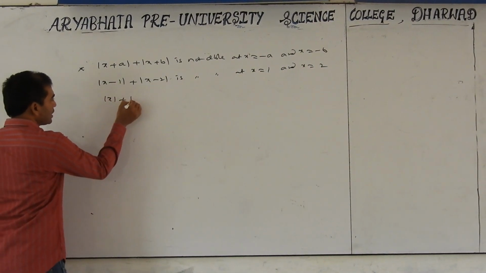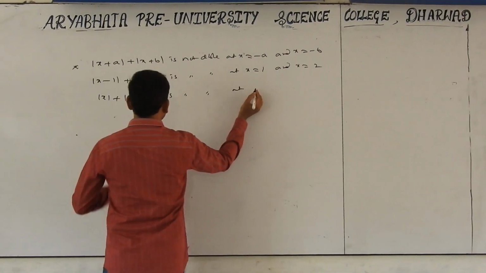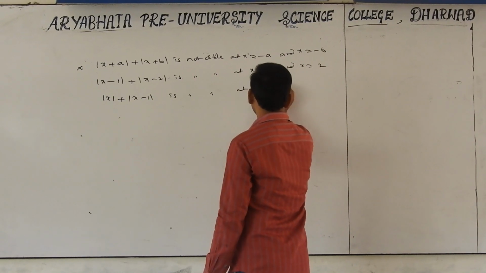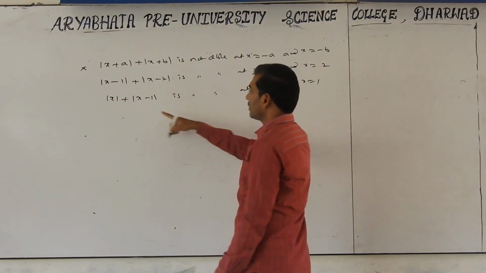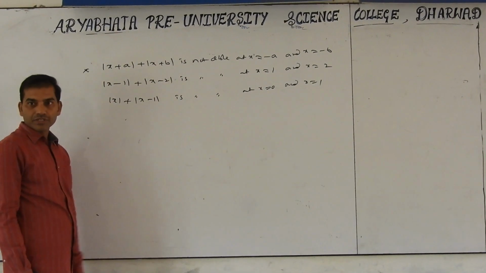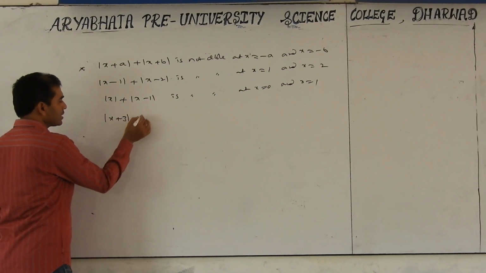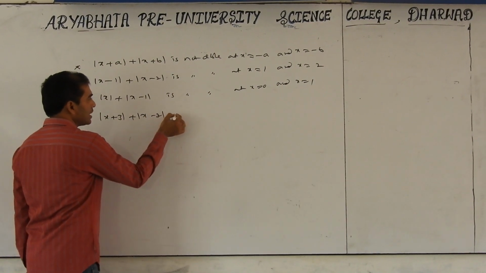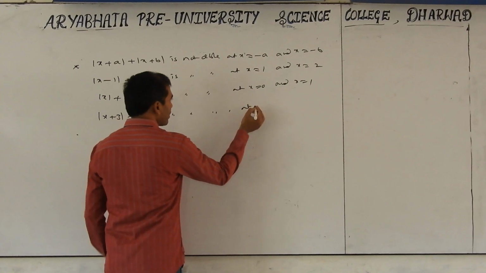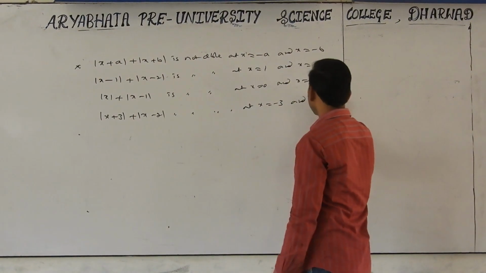Mod x plus mod of x minus 1 is not differentiable at x equal to 0 and x is equal to 1. So last we'll see this type of questions. Understood? Mod of x plus 3 plus mod of x minus 2 is not differentiable at what point? x is equal to minus 3 and x is equal to 2.